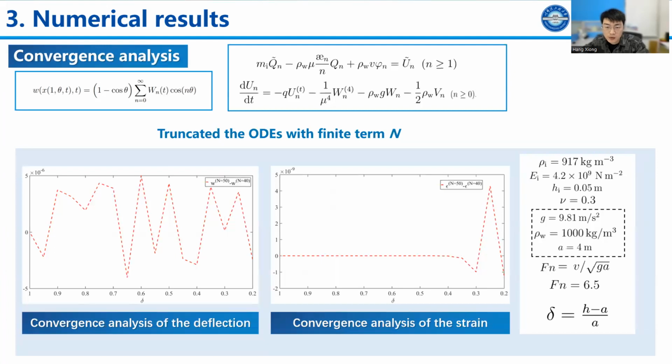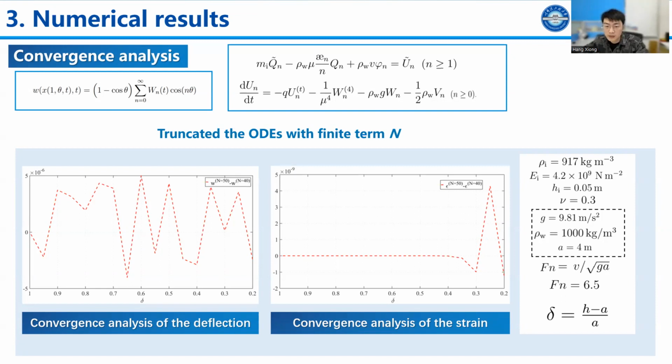It can be seen from the figure that there is little difference between the results obtained by n equals 40 and n equals 50. The difference in the deflection is about 10 to the negative 6th power, and as for the strain, it is about 10 to the negative 9th power, indicating that the convergence of this problem has been achieved.